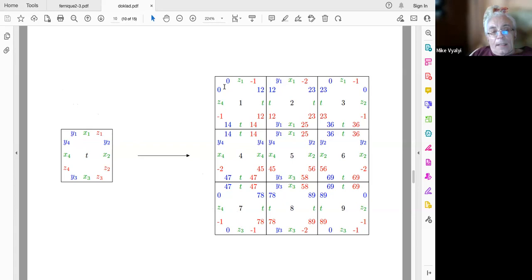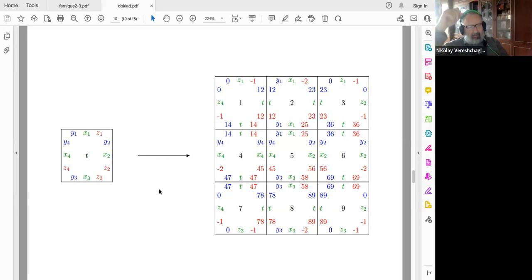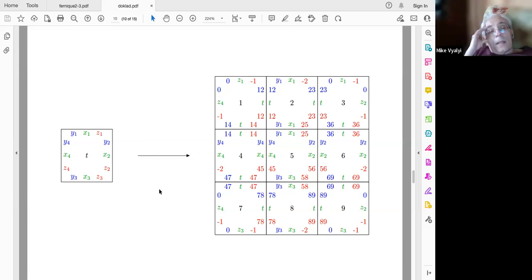I see. We should take into account that we have equalities. Red Z1 equals red Z3, green from X1, for the upper tile. Yeah. I see. And actually, these equalities are maintained in the right picture. And we should check it for all sides.